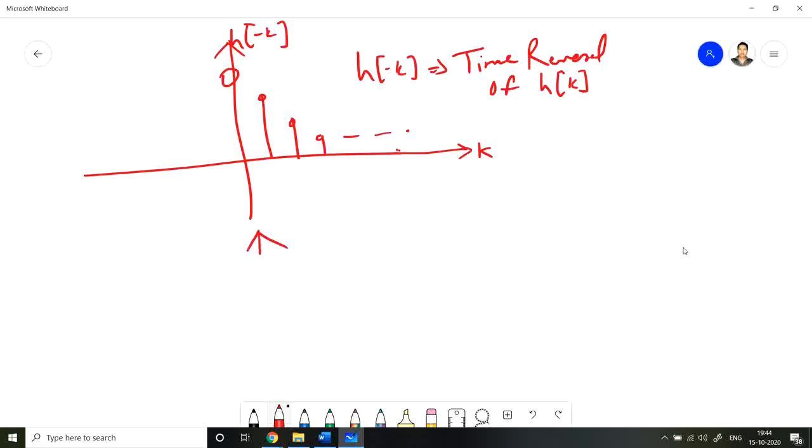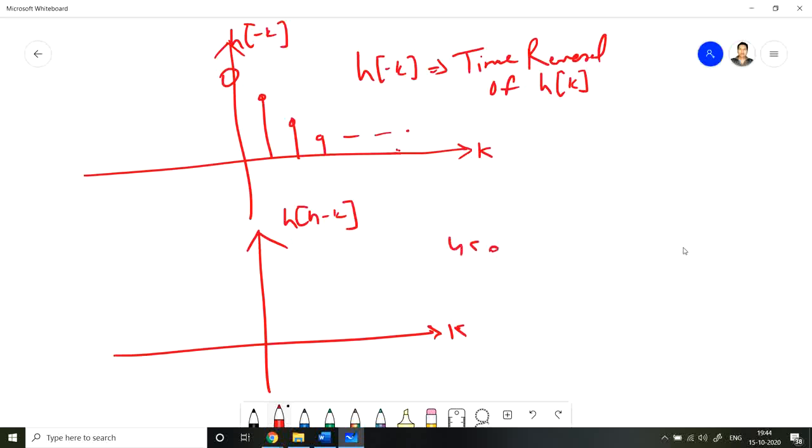Now we have n minus k, so we have hn minus k. When n is less than 0, what is the graph of hn minus k? It is shifted n points to the left hand side.